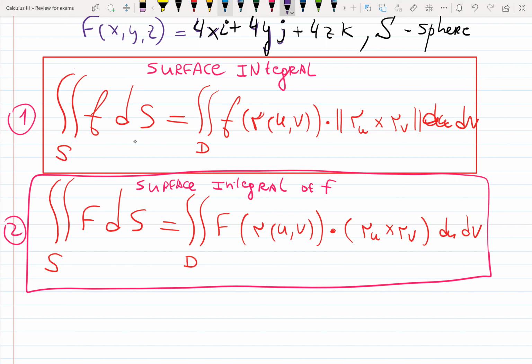This is dS. What the heck is dS? This is the area of the parallelogram. So we learned it at the very beginning. r_u, r_v, cross multiply. The size of the area can be found with magnitude of that cross product. While the second integral includes the normal vector. So it's not the size of it, it's actually the normal vector.